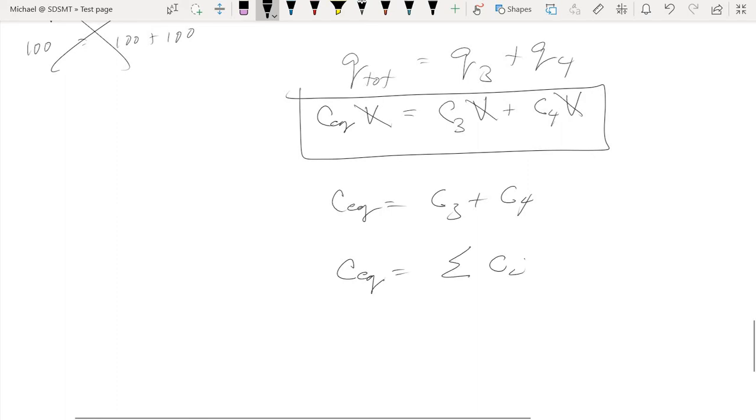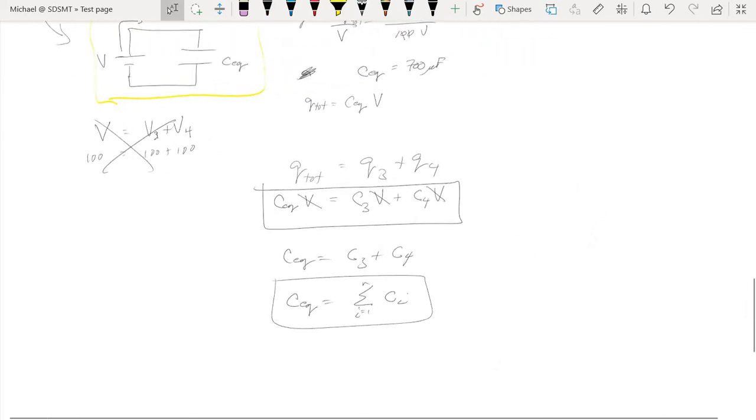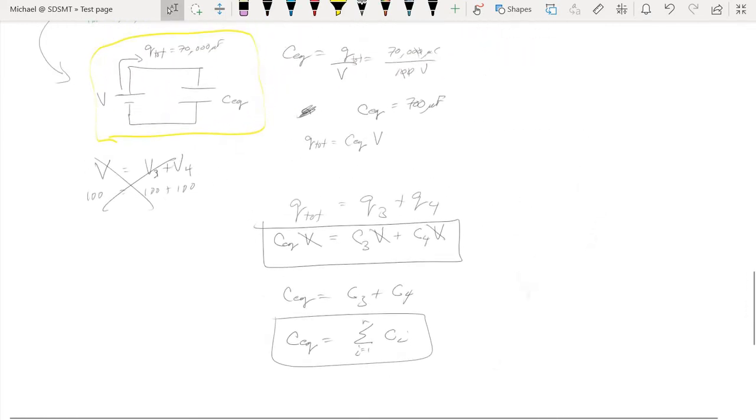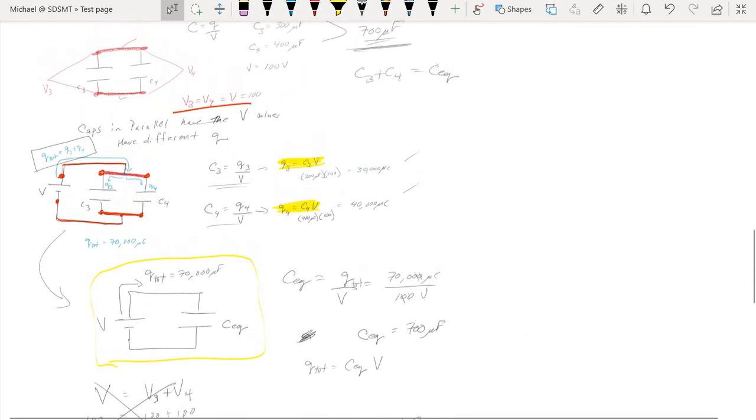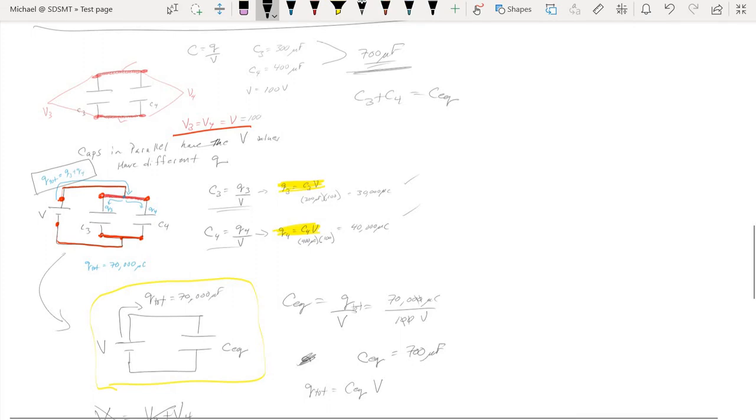And so all we need is a direct summation of all of the capacitors, and that tells us what our equivalent capacitance will be. So again, this particular example was easier than it should have been, but that was because we already knew what the individual potential values had to be. In some future problems, you're not gonna know that.